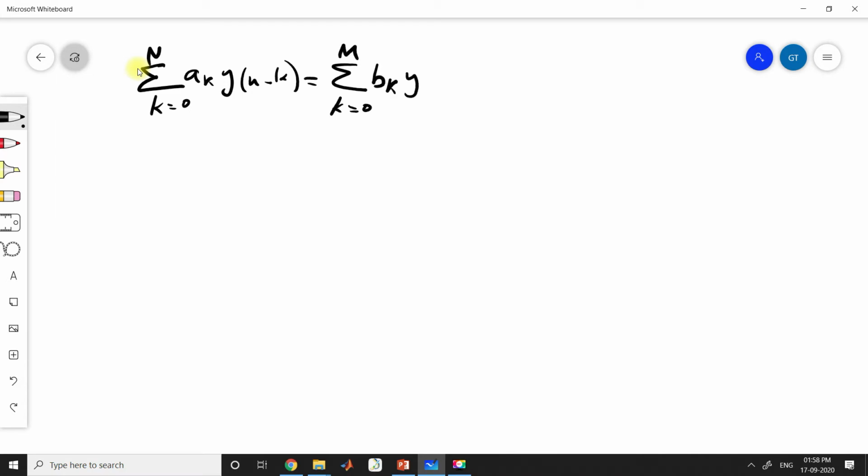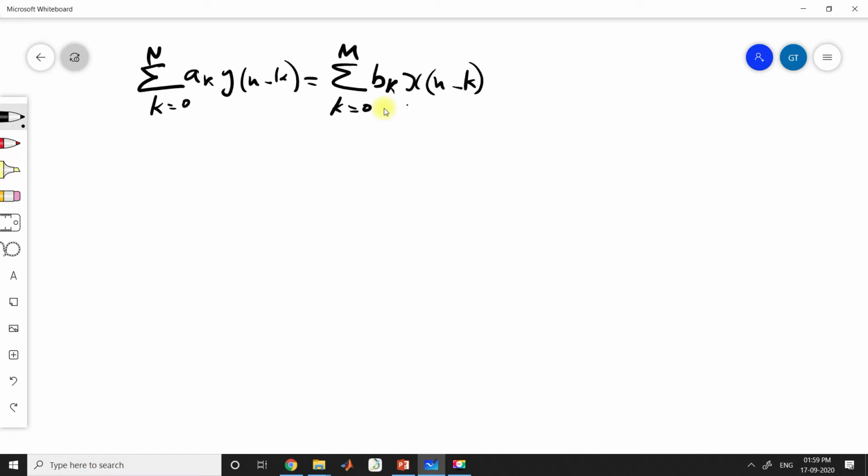The general expression for the linear constant coefficient difference equation is given by sigma k equal to 0 to n ak y of n minus k equal to sigma k equal to 0 to m bk x of n minus k.